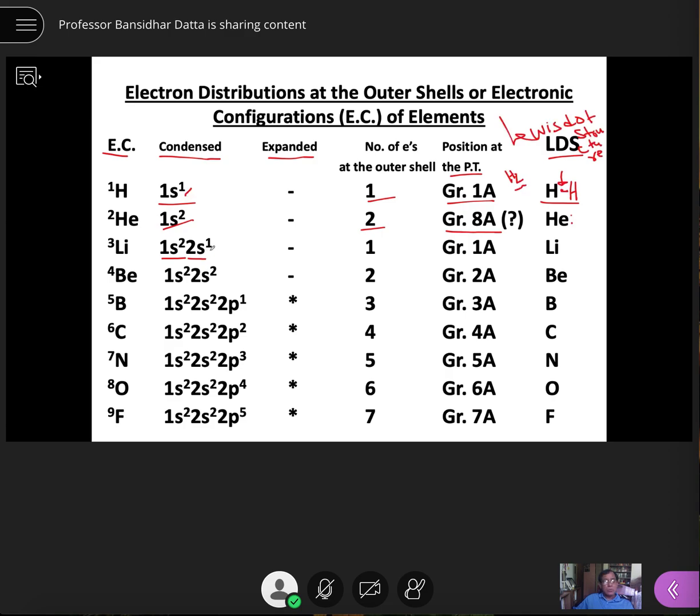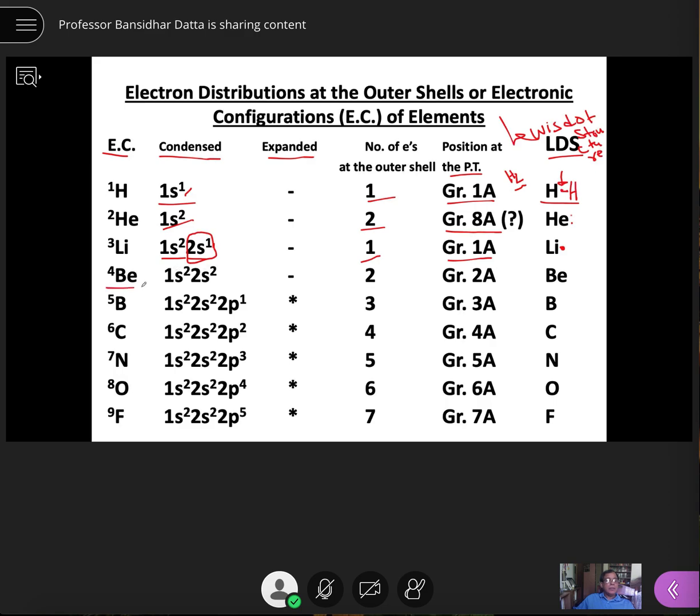S can hold 2, but it has only 3 electrons. So the outer shell is 2s1, 1 electron. It belongs to group 1A. And therefore the electron dot configuration of lithium is just 1 dot. Lithium dot. That's it, right?